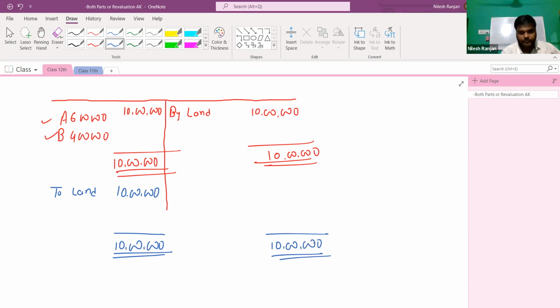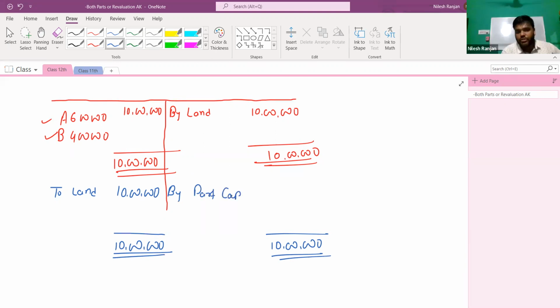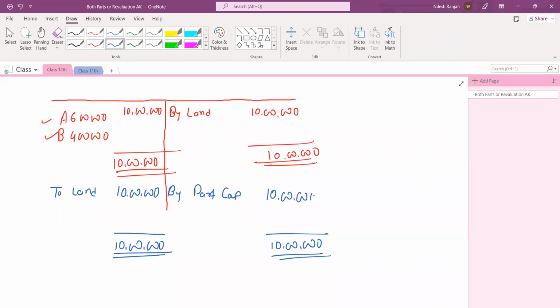And in the second part, this profit becomes loss. Because it's just the opposite of the first part. So if there is profit in the first part, then there will be loss in the second part.